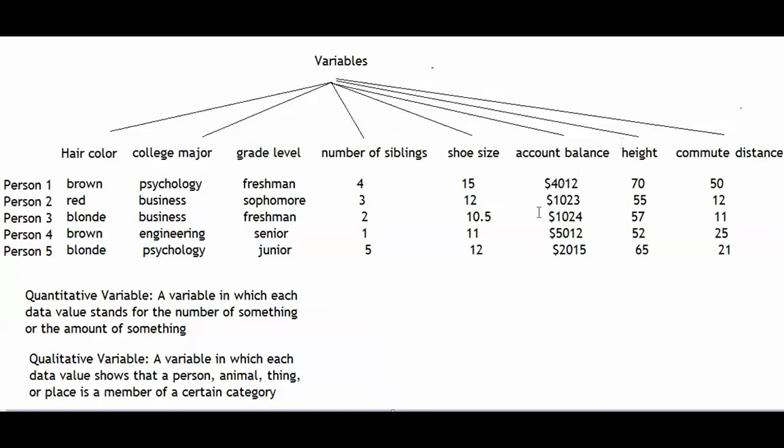If you think about it, a person's social security number shows that the person is a member of a certain category. The category is a category of one person. Also, a person's jersey number shows that a person is a member of a certain category. It just happens to be that that category only includes one person. Same thing is true about driver's license numbers.